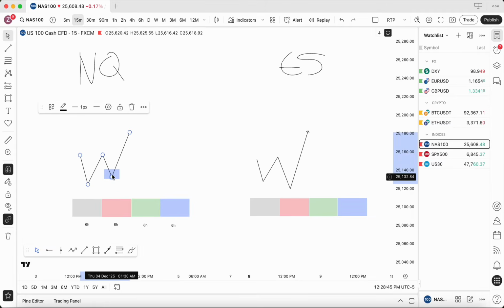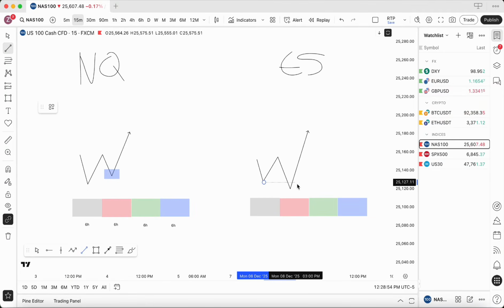So this can be, let's say, 1 a.m., and this is just SMT between these quarters. Doesn't matter when it's purged.